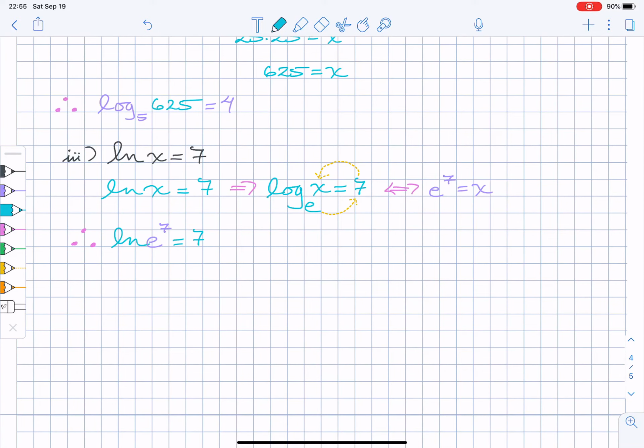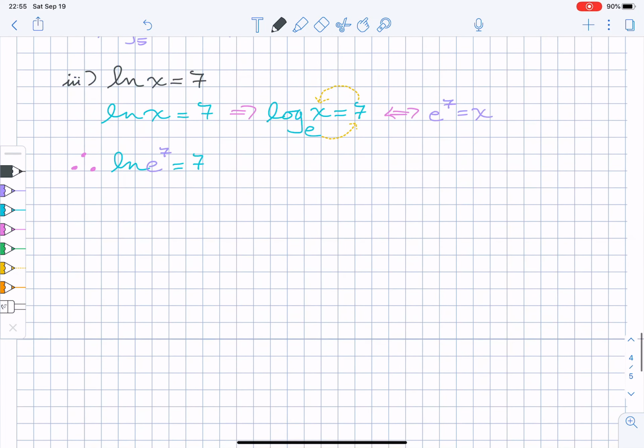Okay, let's do another one, number 4. Let's say I have log of 0.00001 is equal to x.